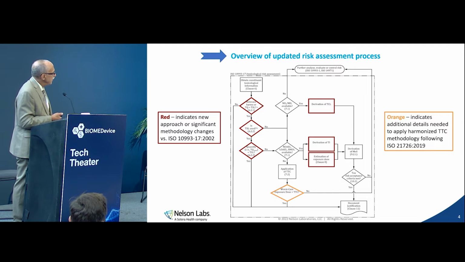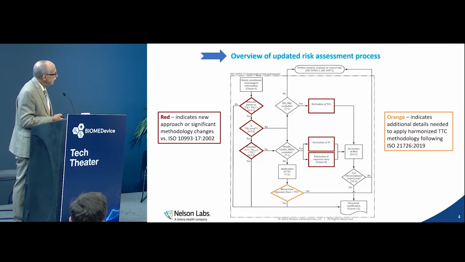First, an overview of the risk assessment process. The areas in red are the new topics, where right up front at the top you can streamline and not have to evaluate some identified chemicals if they're below the screening limit. Next, when you derive a tolerable limit for a chemical, both the evaluation of how to derive it has changed and also how you estimate the dose to the patient has changed.